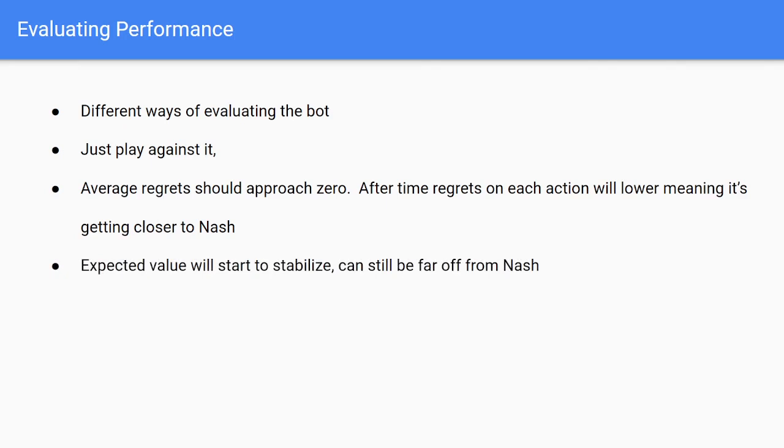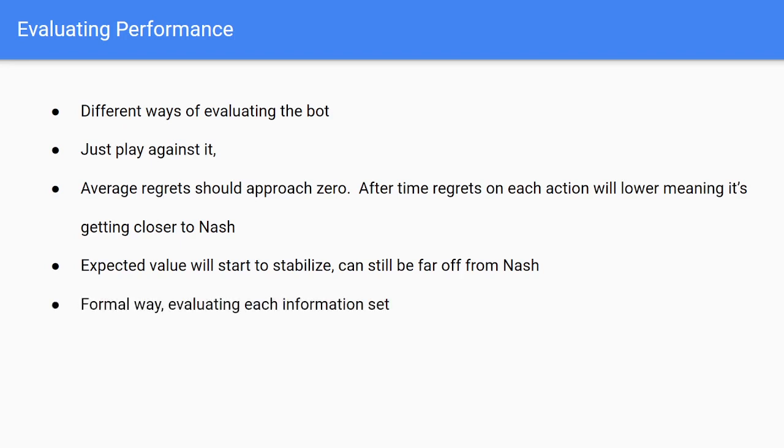This one's a little shady, but you can look at the expected value of the game. It'll kind of start stabilizing as it gets closer to Nash. If it starts oscillating around a value like 0.01, you can still be quite far off from Nash, but it'll kind of map out the general strategy of the game when it starts oscillating around an expected value.